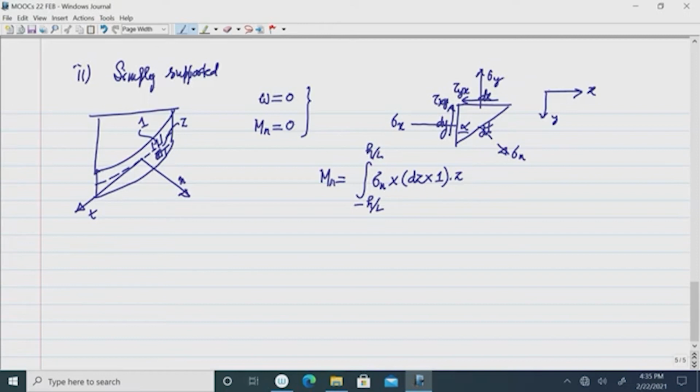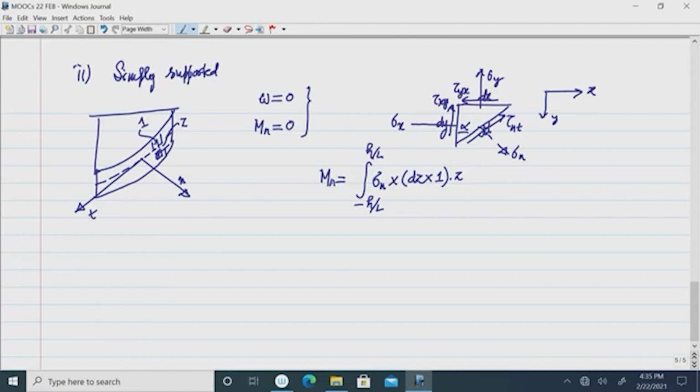That is the principle. Of course, the shear stress will also act, say here tau n t. These two stresses will generate the moment along the normal direction and the twisting moment with reference to the n and t directions.